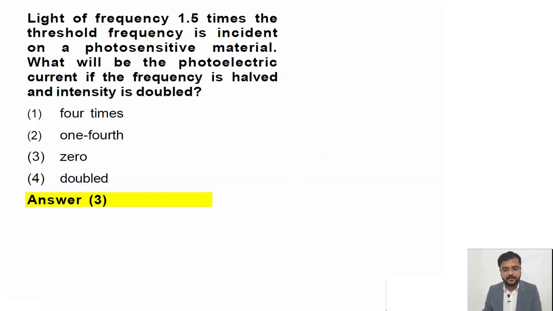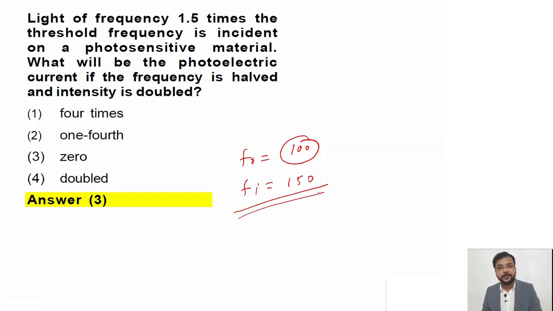Let's suppose the light frequency is 1.5 times the threshold frequency, correct? So here, let's suppose the threshold frequency is 100. This is the threshold frequency, f naught. So the incident light frequency will be 150 Hz, correct? But what we are doing here is halving this incident frequency.